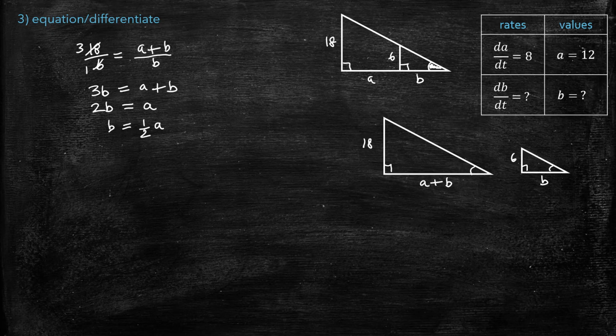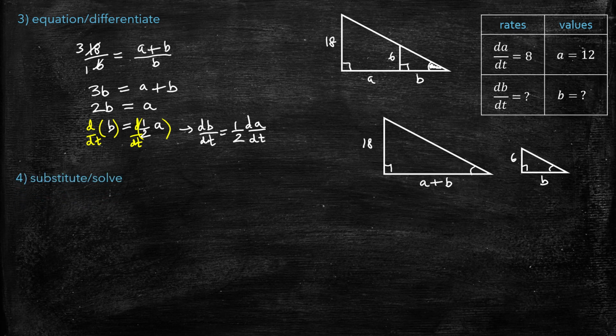At this point, this is the equation, and now we're going to take the derivative of both sides with respect to time. When we do that, we get dB by dt equals 1/2 times dA by dt. So in fact, A and B are not even involved in this equation. So it's lucky I didn't waste my time trying to find B. And the fact that A equals 12 at that snapshot value really doesn't make any difference.